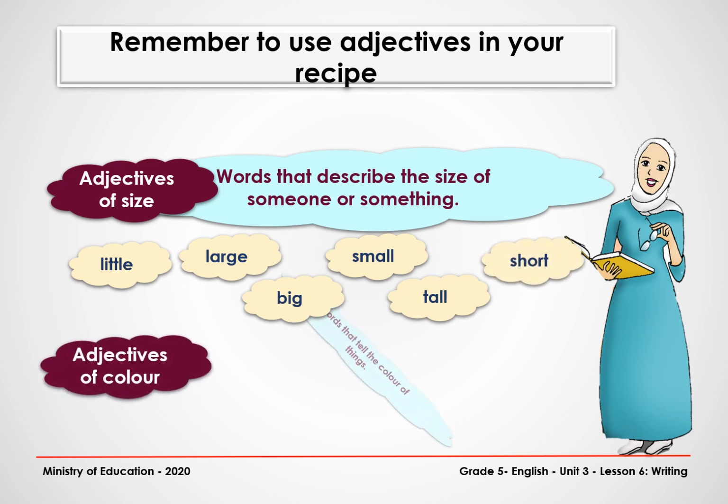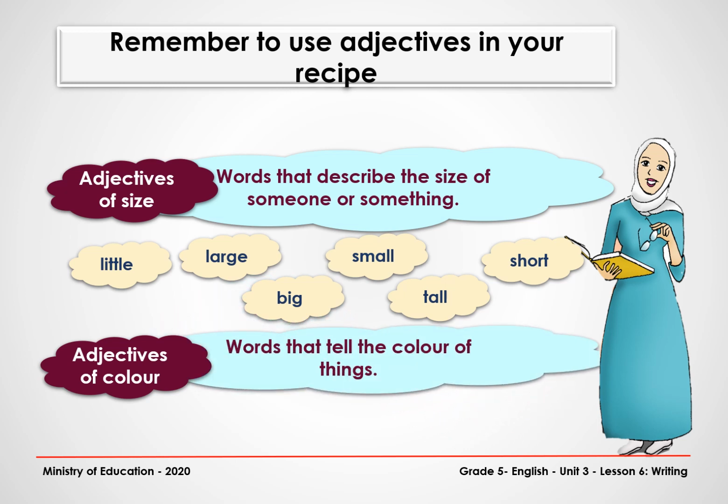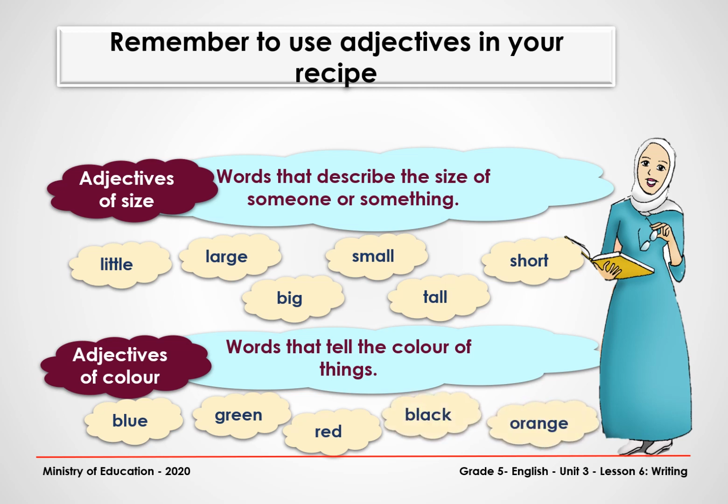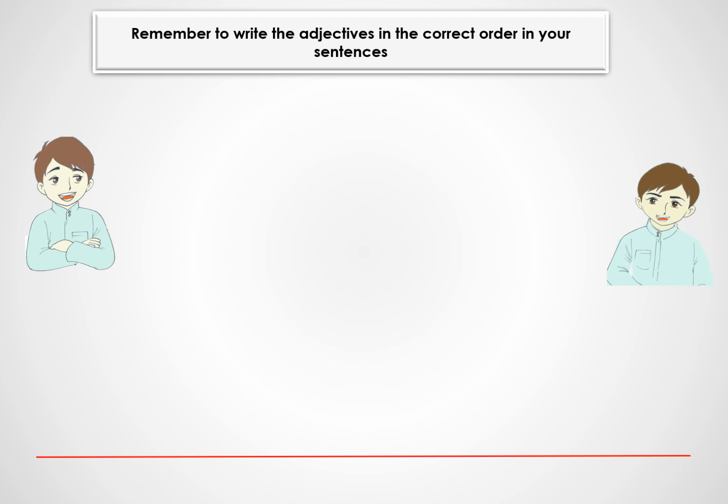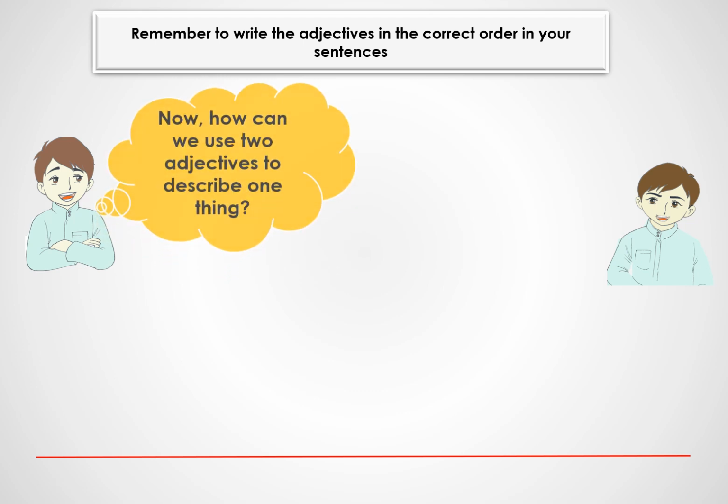Adjectives of color: words that tell the color of things. Examples: blue, green, red, black, orange. Remember to write the adjectives in the correct order in your sentences or in your recipe.